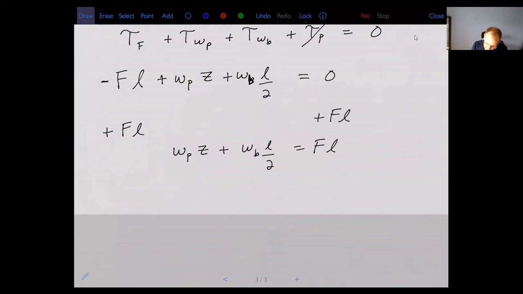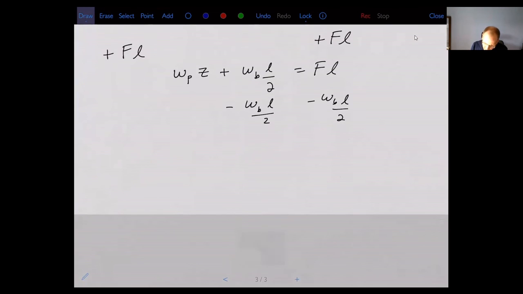Remember, I want to solve this for Z. Now I need to subtract this term, weight of the board times L over 2. So I'm going to get weight of the person times Z is equal to FL minus weight of the board over 2 times L. And then finally, I can divide by the weight of the person.